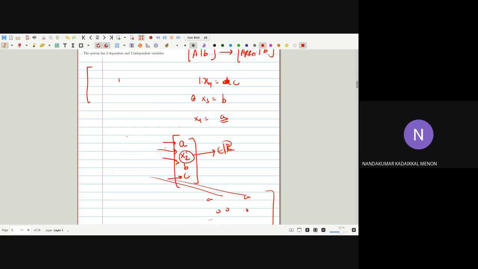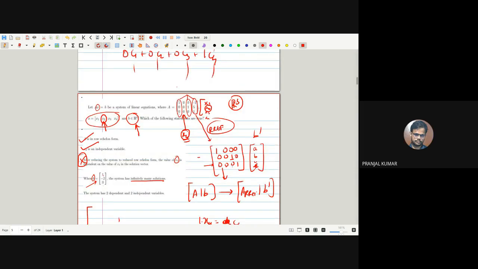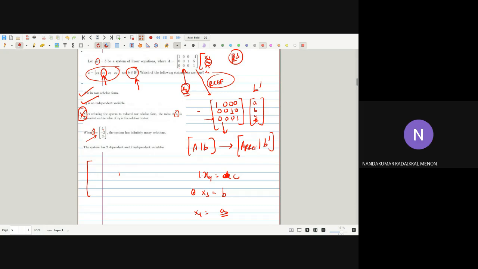But see, if suppose this column wasn't there at all, so this was a 3 cross 3 matrix, then in that case there would be a unique solution. Clear? But since there is a free variable, this fourth column is a free variable that is causing this to have infinite solutions. Clear?